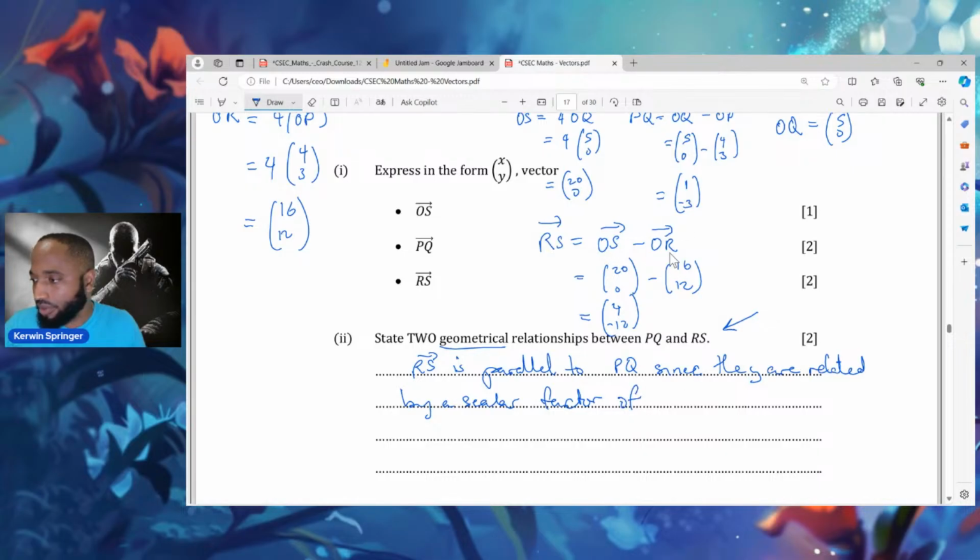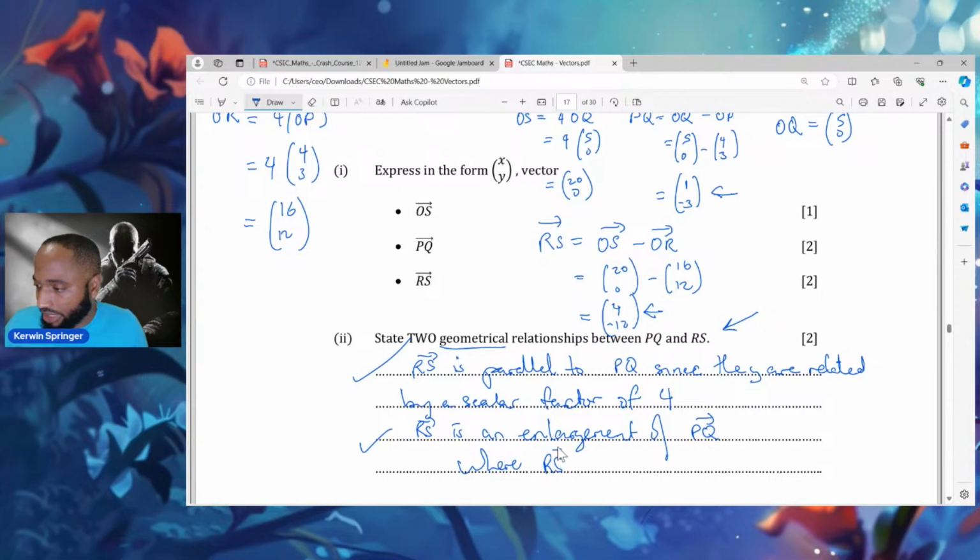This is 4, negative 12, this is 1, negative 3, of 4. So they are parallel. And the next geometrical relationship, RS is an enlargement of PQ, where, and we use the scalar factor again, RS is actually equal to 4 of PQs.